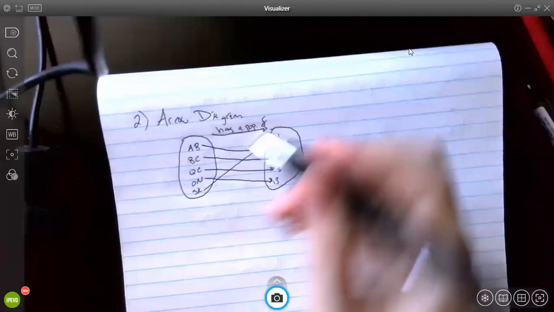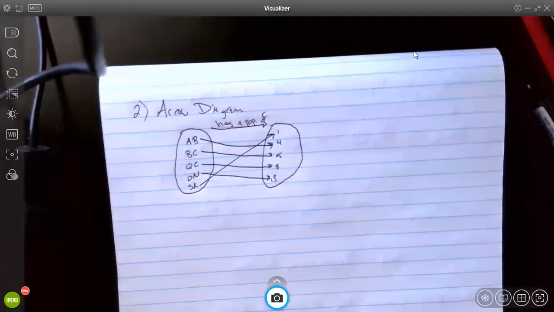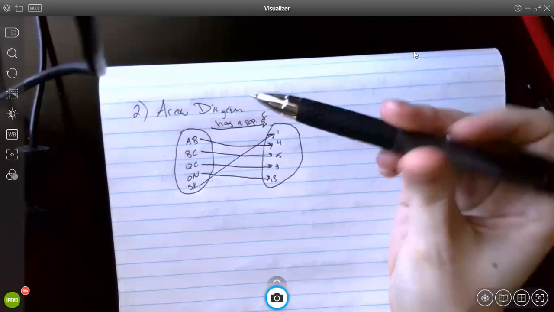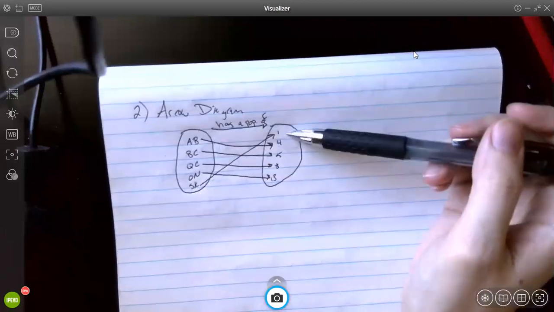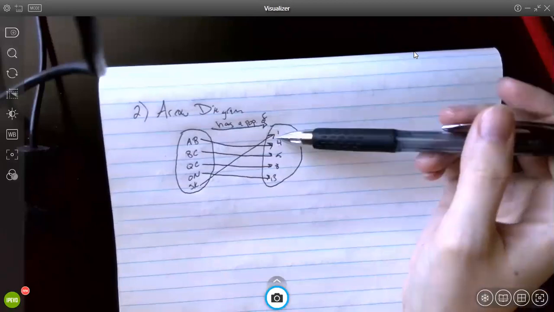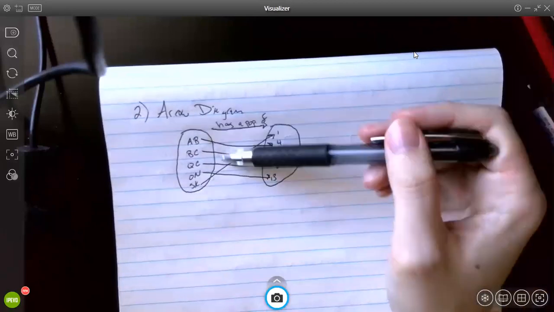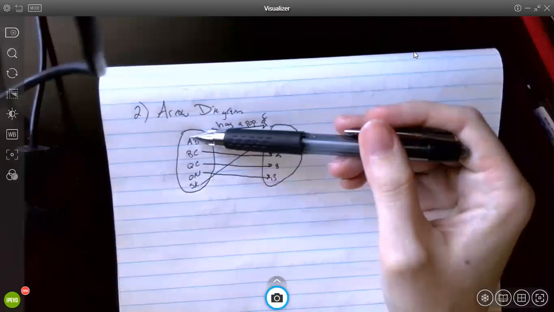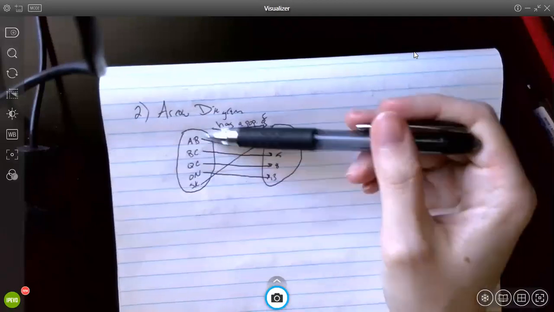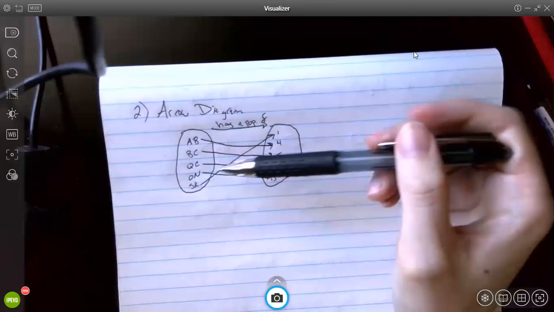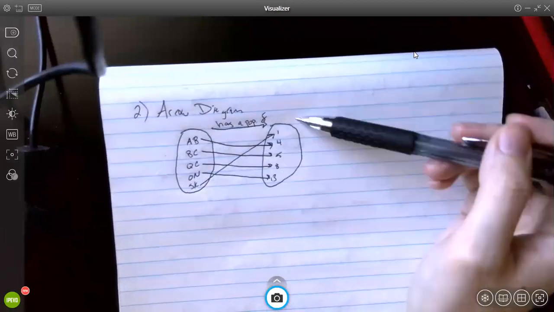The second way of representing relations, which is probably the least common way, is something called an arrow diagram. So you have 2 ovals here that show your sets of terms. If you have sets of terms that are words, sometimes they might be alphabetical, sometimes they might just be in a random order. Sets of numbers should be from least to greatest.